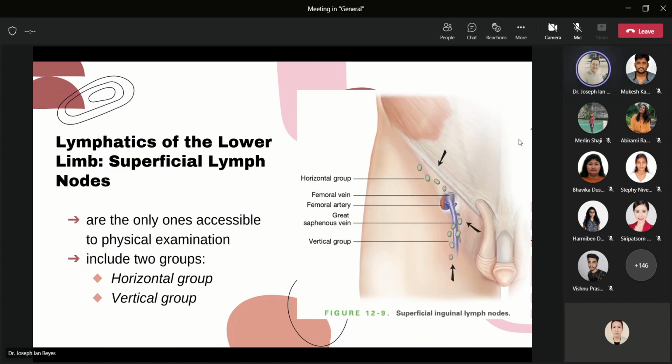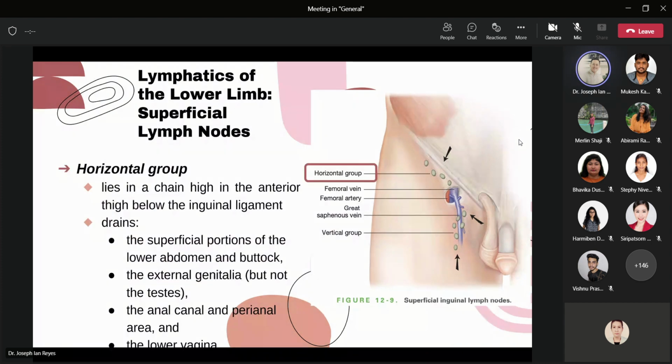Then the superficial lymph nodes are the only ones accessible to physical examination. So there are two groups: you have your horizontal group and your vertical group. This would be for the lower limb or lower extremities. We will discuss first the horizontal group.